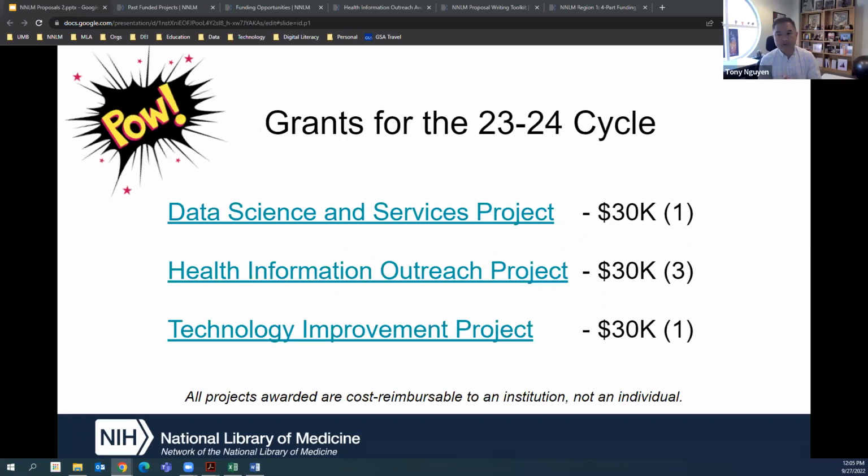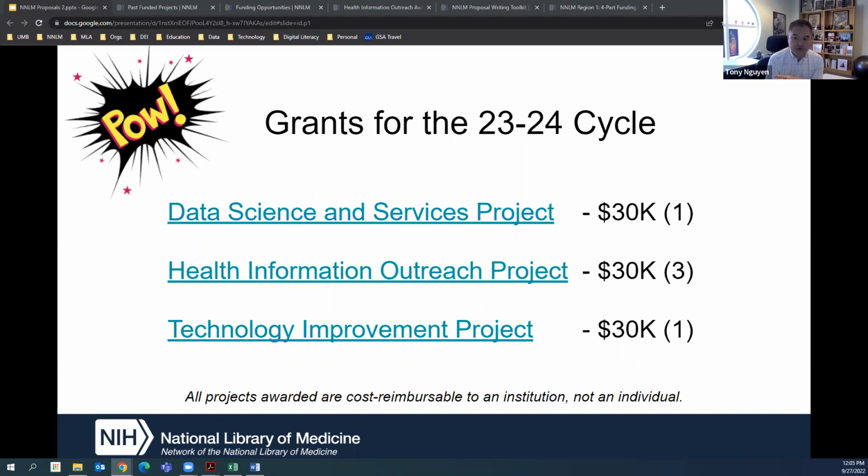So regarding Region 1's projects that we're looking for applications for, just a reminder from last week, we are providing one project award related to data science and services. So if you have a proposal idea, feel free to submit something on that.